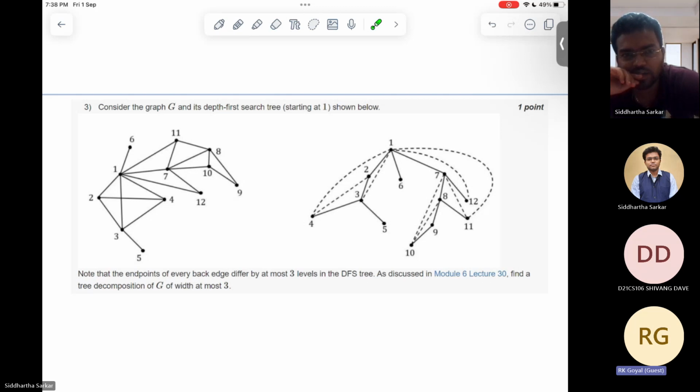And why are we so interested in getting a nice tree decomposition despite having the normal tree decomposition in our hand? Because if you have a nice tree decomposition, then these kinds of dynamic programming techniques can be applied. For example, to find the table entry for a particular bag, you just need to look at the table entry corresponding to its child.